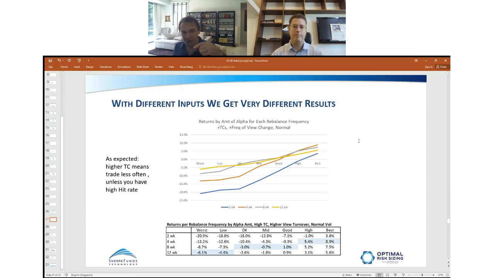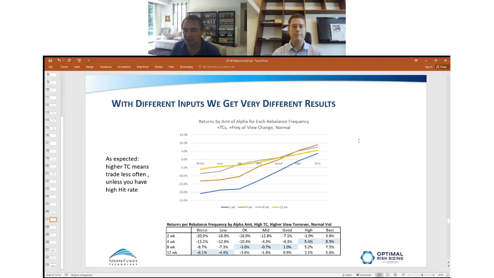You can see it at low skill level, at low hit rate. It's sort of intuitive. The 2 week, 4 week, 8 week, 12 week go in order. But as your skill rate increases, it no longer goes in order. And because of the interaction of these things, the 4 week suddenly becomes the best thing to do as your skill rate goes up. And this is part of the counterintuitive nature of it.